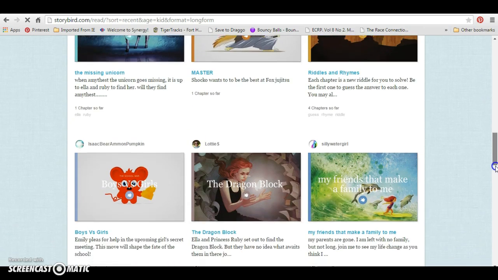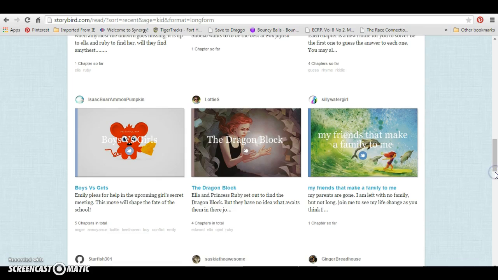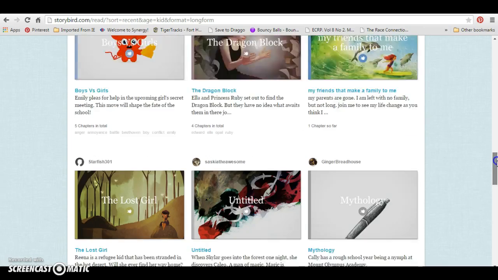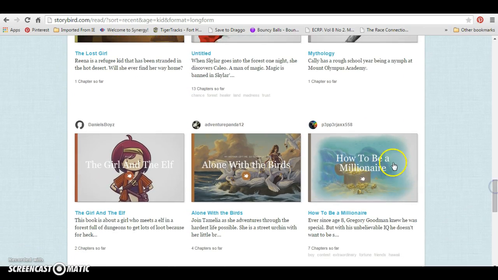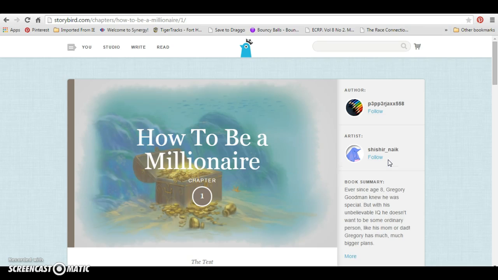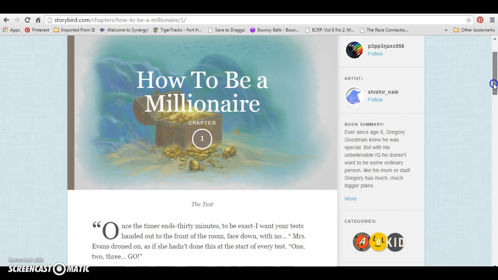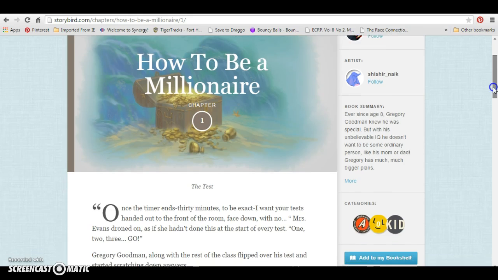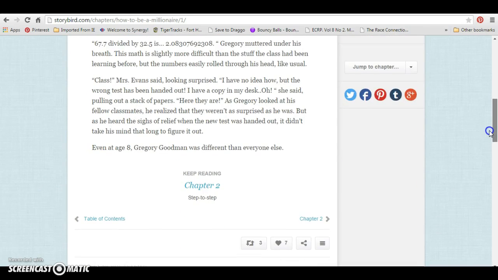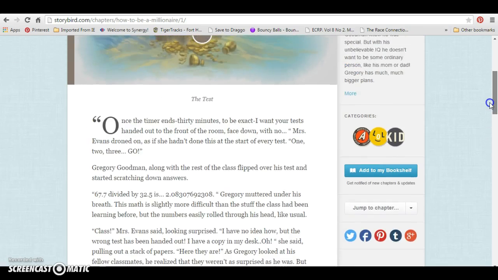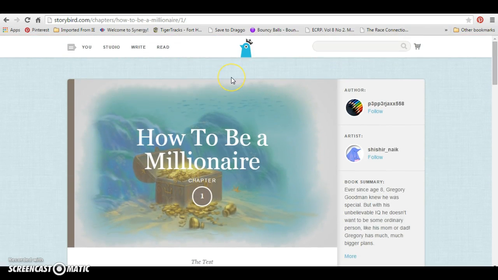And the kids can get reading practice in as well. So there's lots of different choices. How to Be a Millionaire. That sounds like something I should read. And this looks like this is a chapter book. But you see how that could be interesting to the kids. They can be inspired by other people and write more interesting stories.